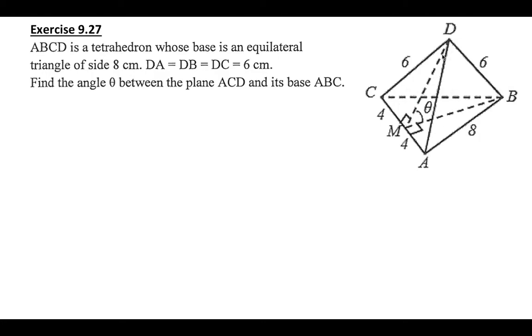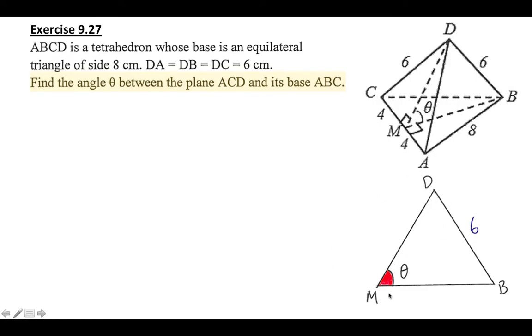In other words, if you look at the diagram over here, we are asked to find this angle DMB. Right, what I'm going to do is draw out this triangle DMB on the space below here. So this is the triangle DMB. We are asked to find this angle theta.